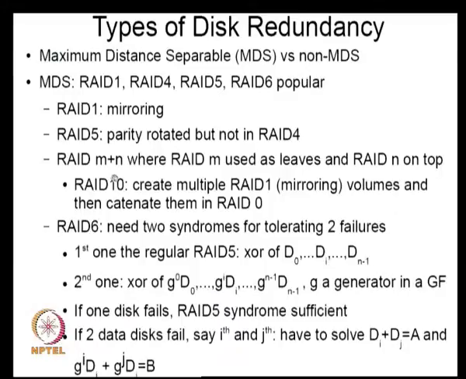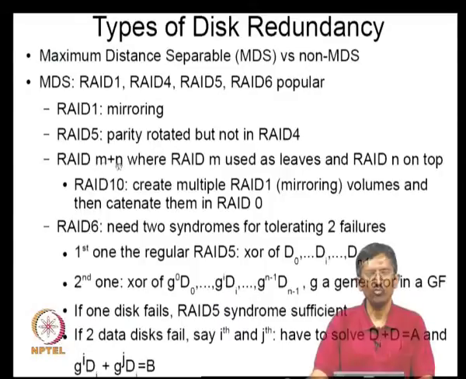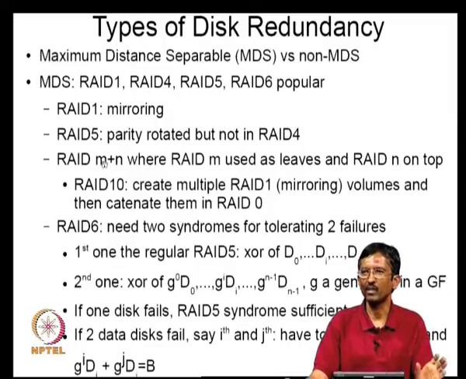That is RAID 10. I can also have things like RAID 5 plus 1, where I have multiple RAID 5 devices and RAID 1 means I also mirror them. So, I can have all kinds of devices of this kind depending on my requirements.